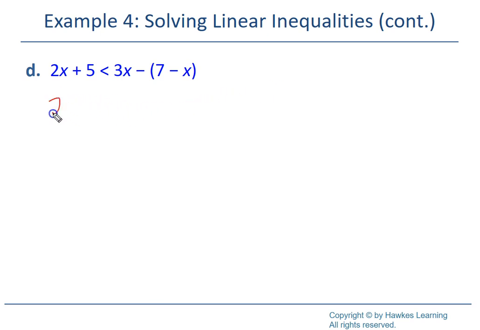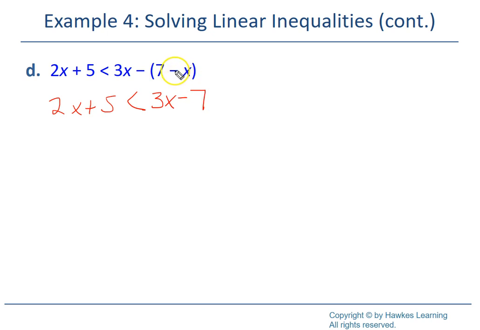So we get 2x plus 5 is less than 3x. Now we have a negative sign in front of the parentheses. So what do we do? Well, we remove the parentheses and change the signs of what's inside. So this positive 7 will become a negative 7.